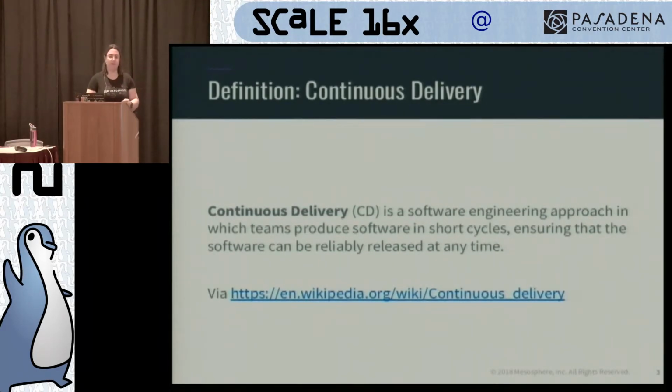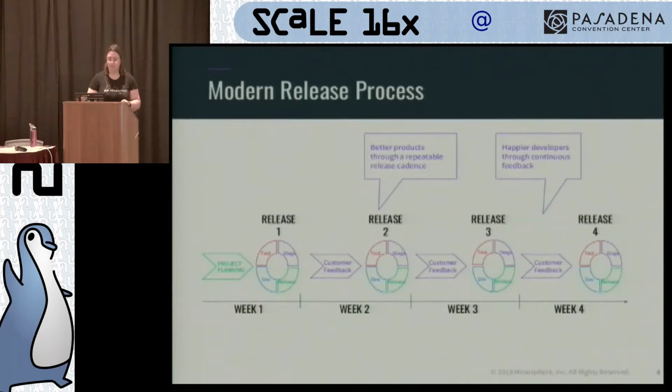And in the process of deploying the software, you're also testing it. So instead of releasing every 6 months or once a year, you end up having a development and feedback cycle that looks more like this. It might be hard to see here, but it's sort of starting out, you're doing your project planning, and then you're doing your development, testing, staging, and release pretty fast.